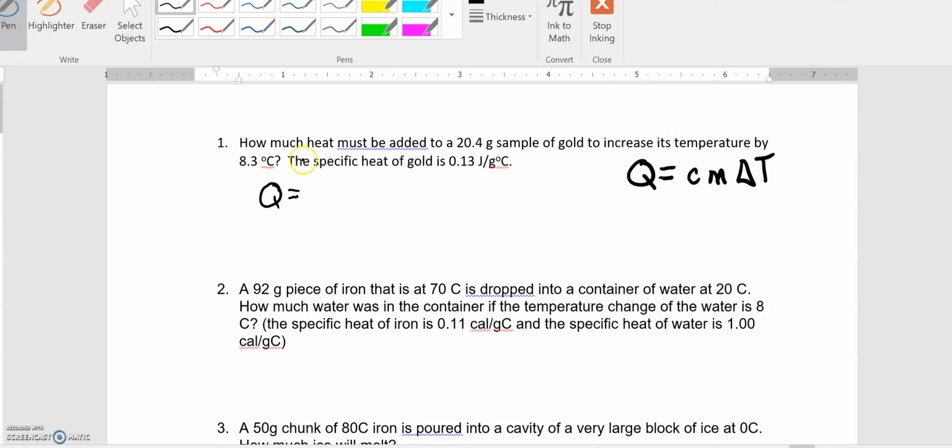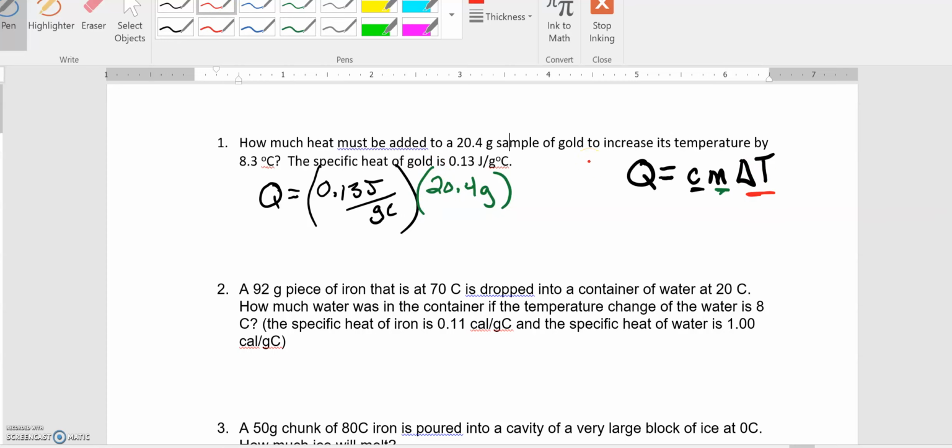So we're trying to find how much heat. We're trying to find Q. We need our specific heat, which is 0.13 joules per gram degree Celsius. We are going to times that by the mass, so we have 20.4 grams. And then we are going to times that by the change in temperature.